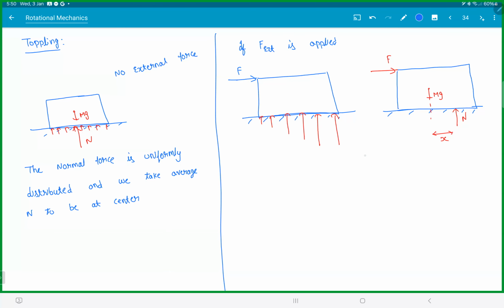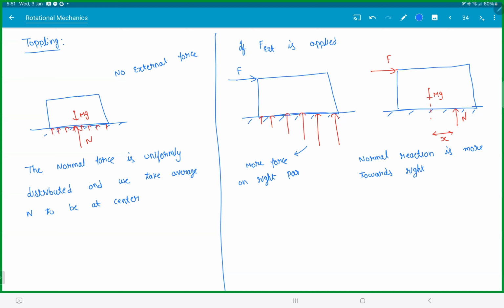So the normal reaction will be more towards right. There is more pressure or more force on the right part.